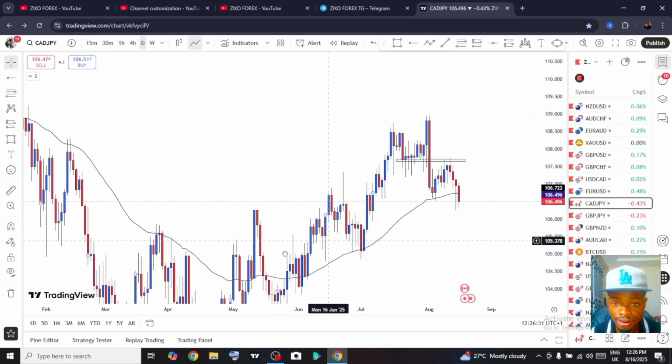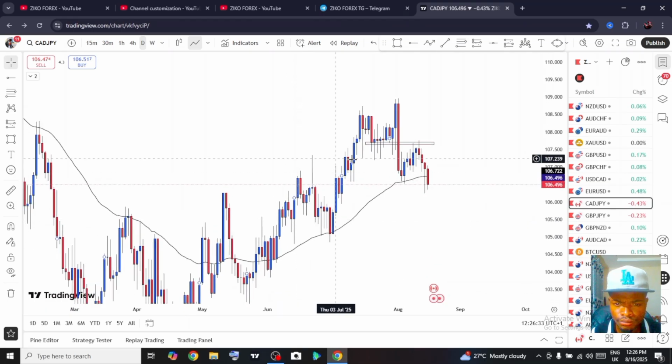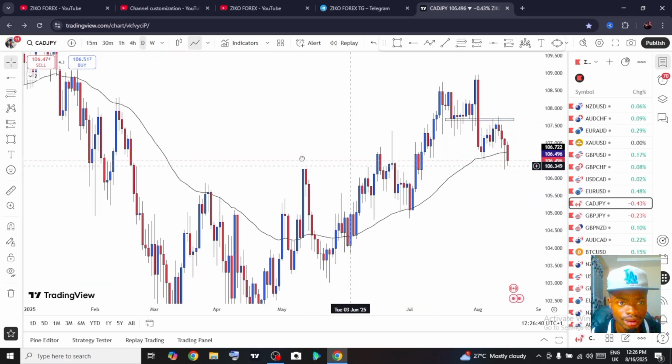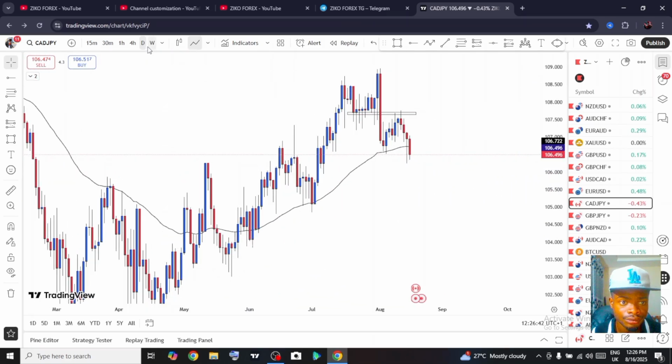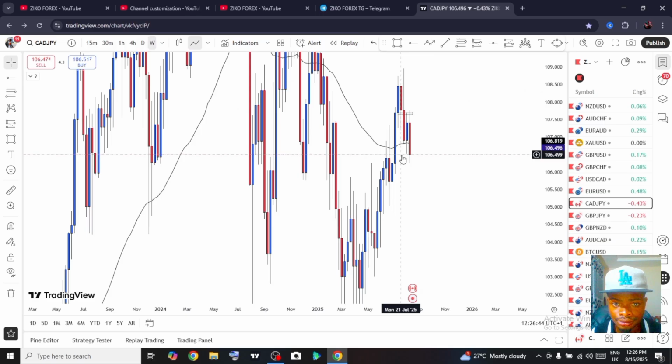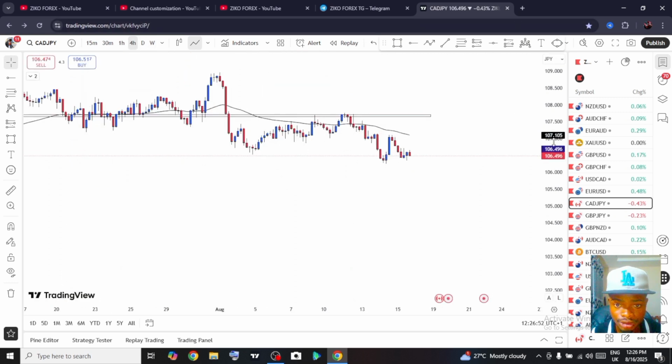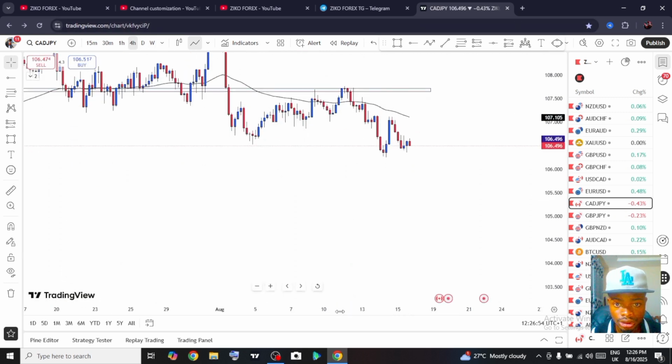Okay, but let's see what we have for this week. So this time frame is clearly bearish on the daily. Weekly time frame is bullish. 4-hour time frame is bearish.